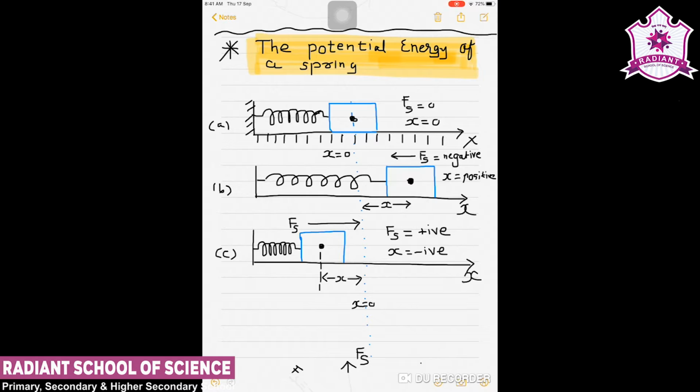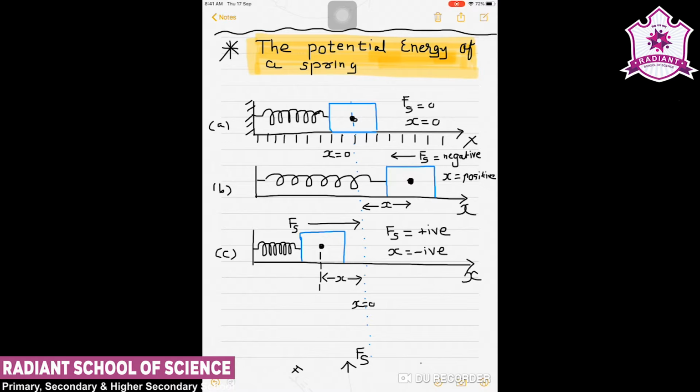So in that case, the force exerted by the spring on the block will be negative. Or if we push the spring towards the wall, then the spring will apply force on the block towards the right hand side. In that case, Fs is positive.